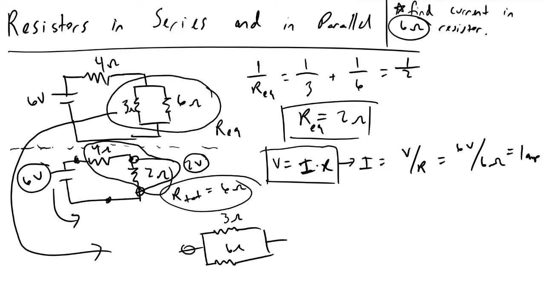What we know is that there is 1 amp of current coming in, 1 amp of current coming out, and we also know that the voltage drop here is 2 volts. Now, because we're working now with resistors in series, we can no longer say that the current at this point is the same as the current at that point.